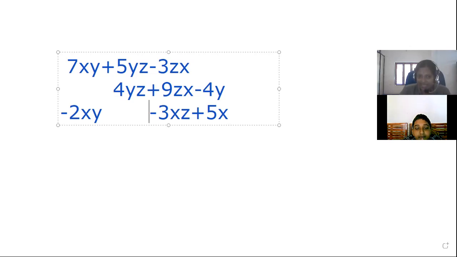Three: minus 3zx, plus 9zx, and minus 3xz. These are the factors x and z. And is there any term containing y as the variable? No. Similarly, there is no other term containing x as the variable. So here it is the case of addition, so we can add it.